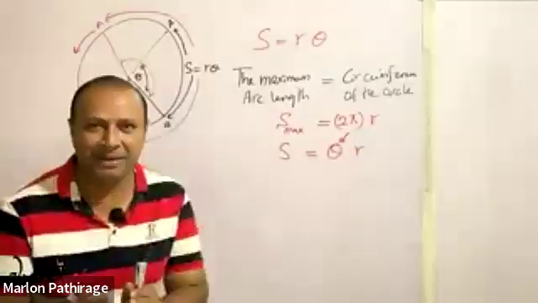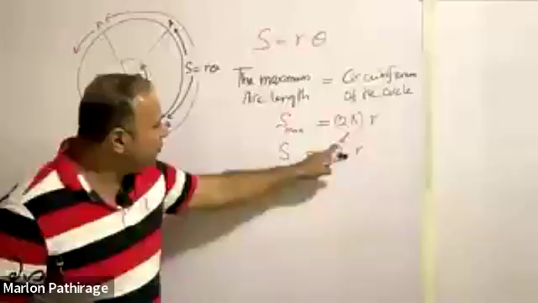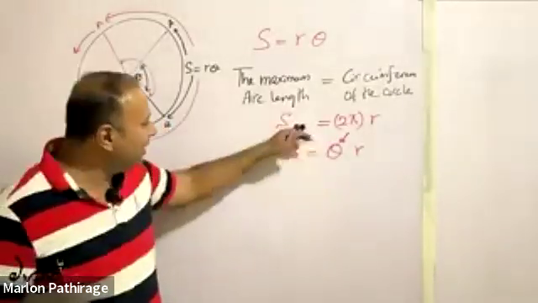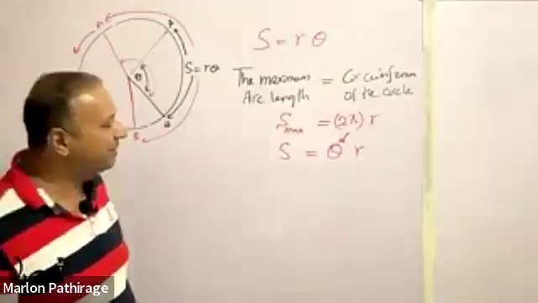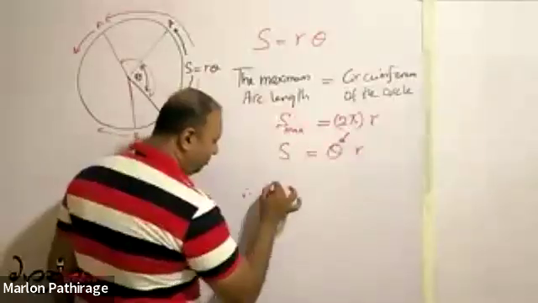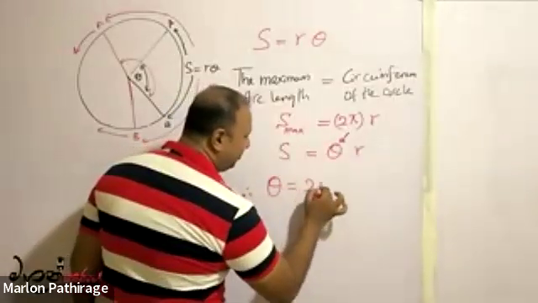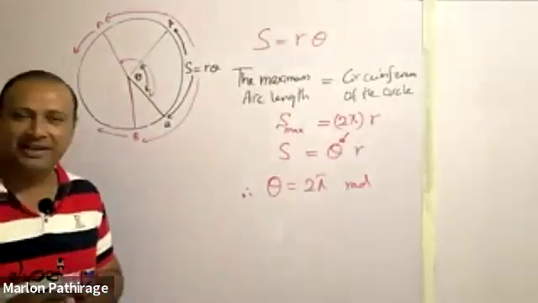In degrees that is equal to 360, but in radian it should be equal to 2 pi. You can compare these two equations, then you can understand. Therefore, this theta should be equal to 2 pi radian.